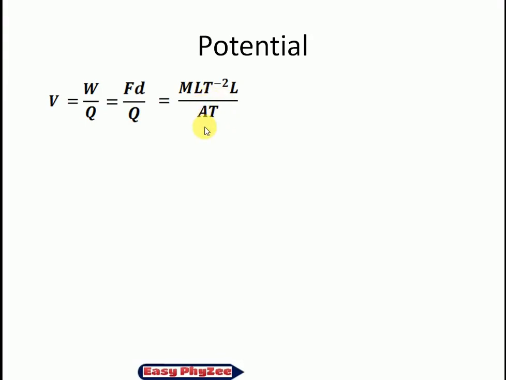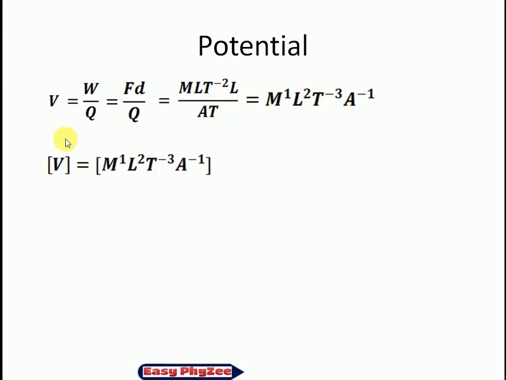Now I'll simplify this, so it will become M1 L, there are 2 L's, so L2 and T minus 2 and minus 1, T minus 3 and A minus 1. So dimension of potential is M1 L2 T minus 3 A minus 1.